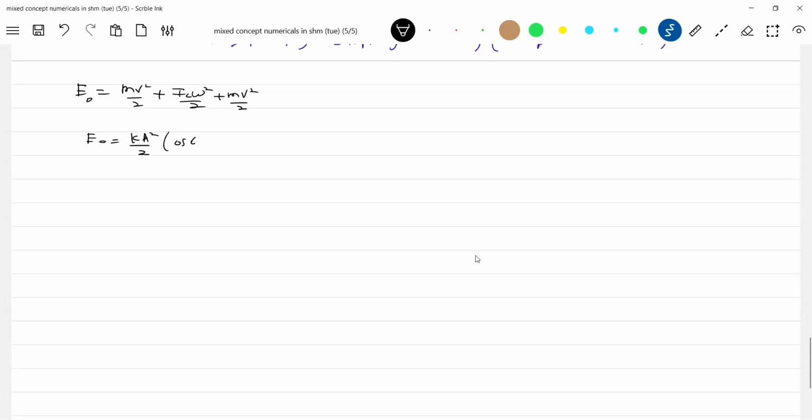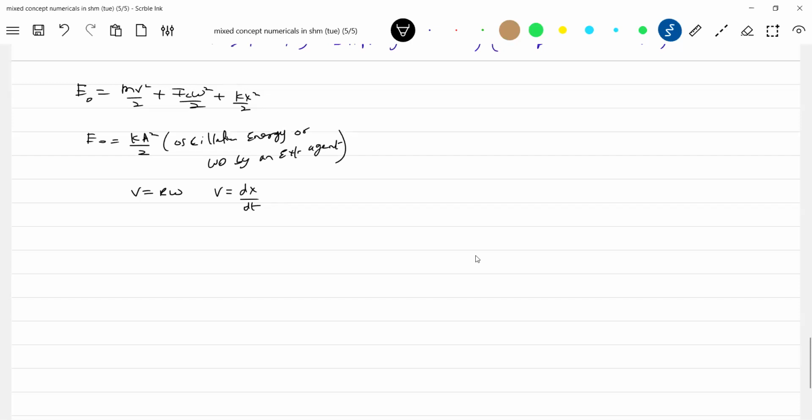This is the oscillation energy, or the work done by an external agent. Then what is V? V equal to R omega. I think I wrote that many times. Let me write it here: V equal to R omega, and in fact V equal to dx by dt.